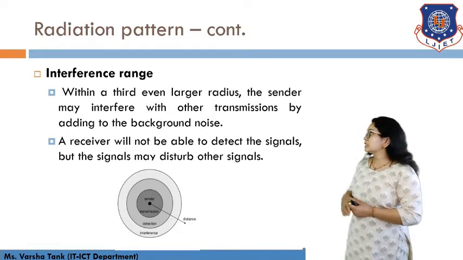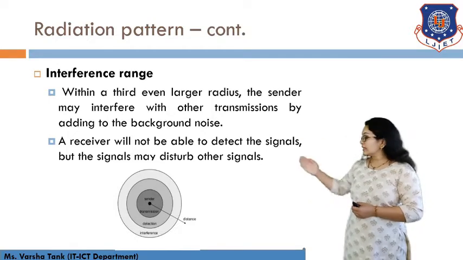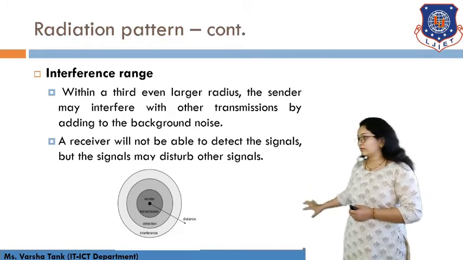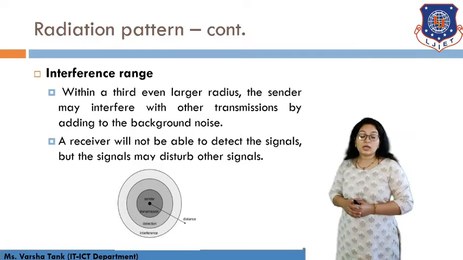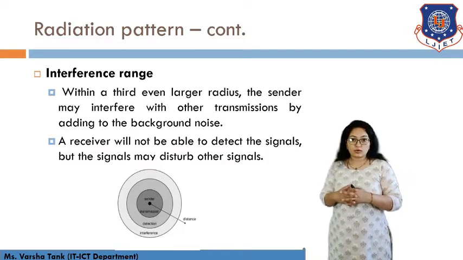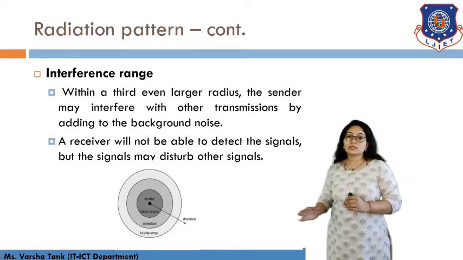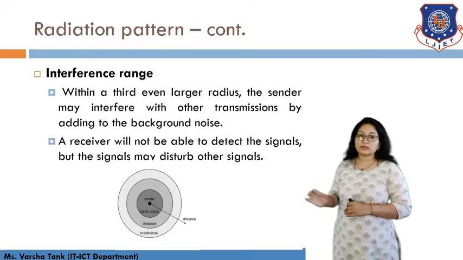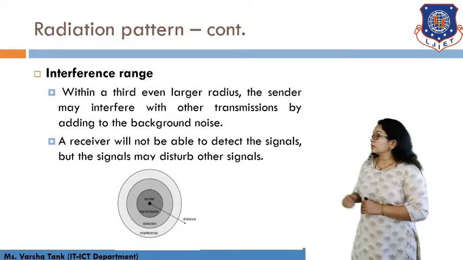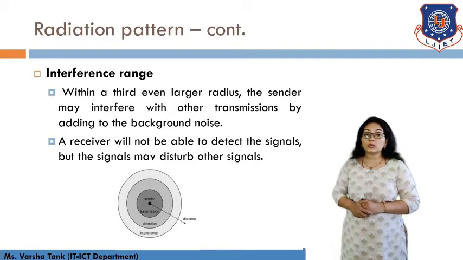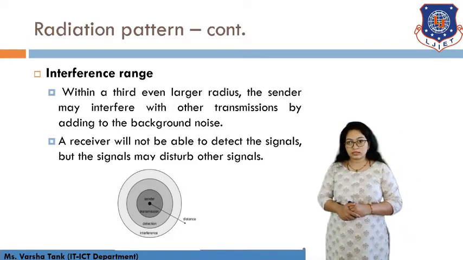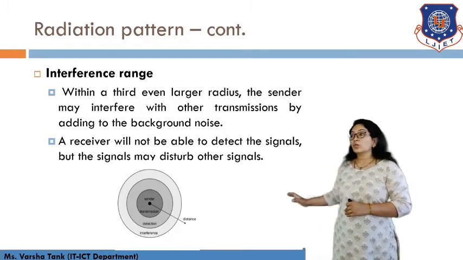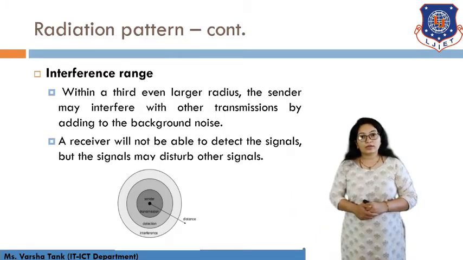So whenever a signal travels in this outer range, the noise is more. The complexity of noise is more in this radius. A receiver will not be able to detect the signal, but the signal may disturb other signals. So this is the interference range.